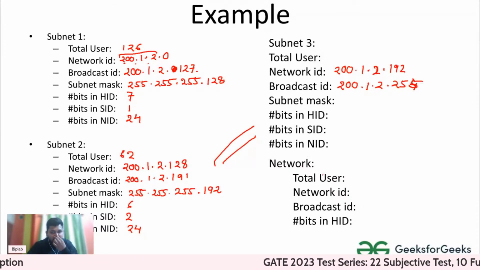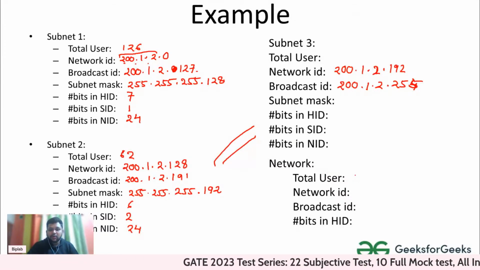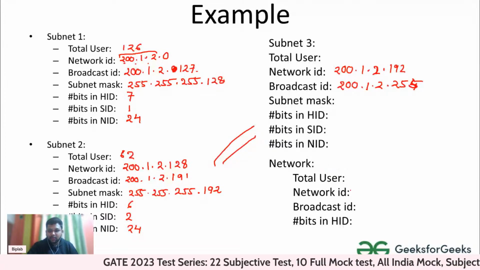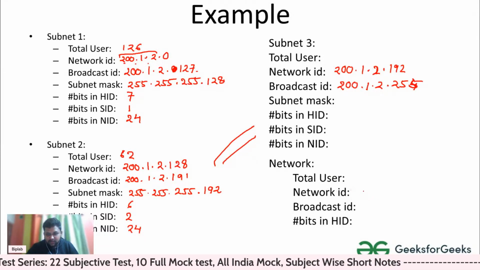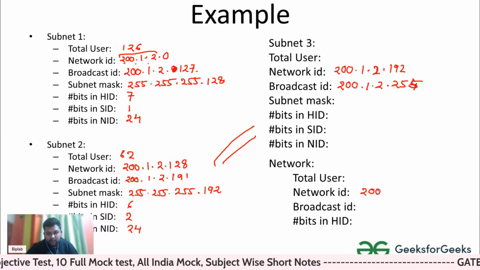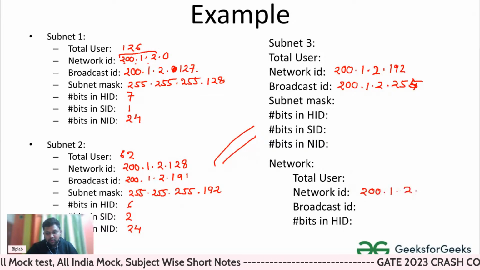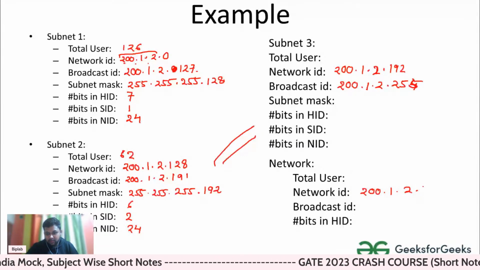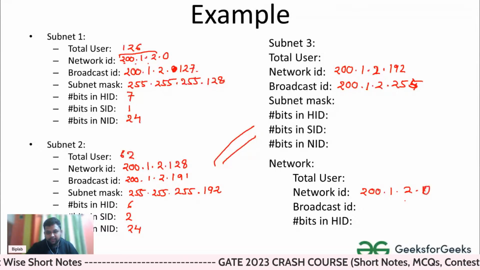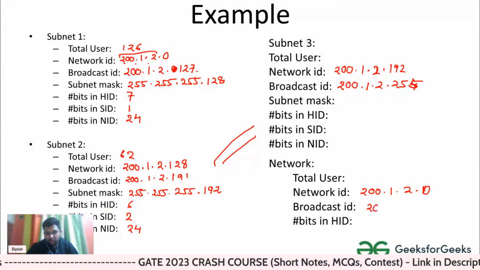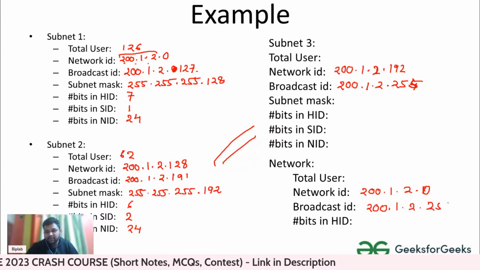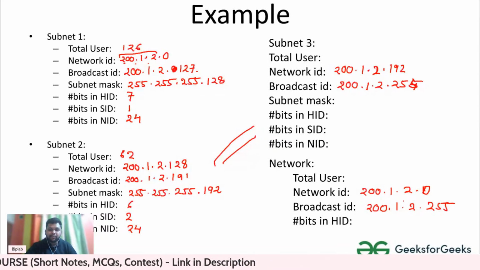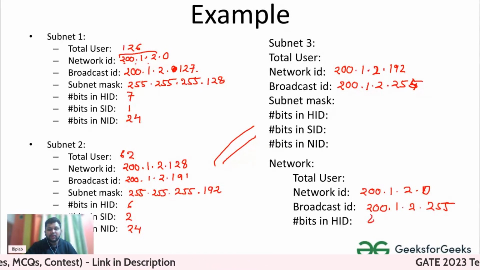So if you talk about the whole network, the whole network ID was already given in the question. That is 200.1.2.0 and 200.1.2.255. And the number of bits in the host ID is 8.